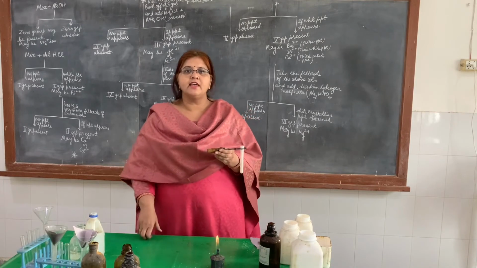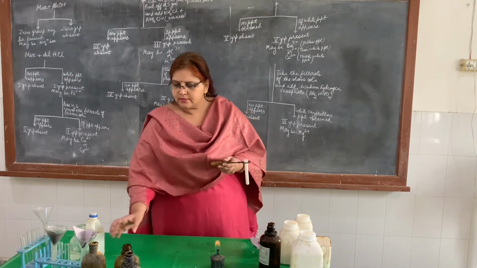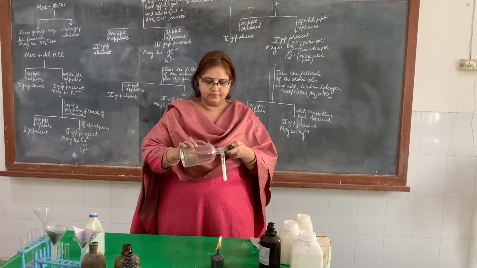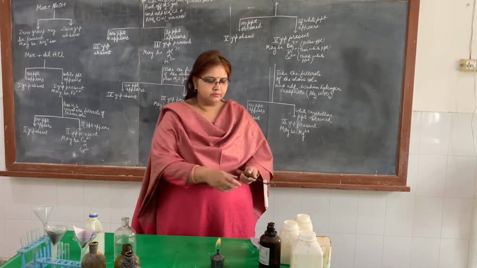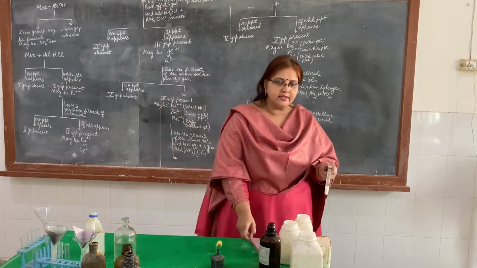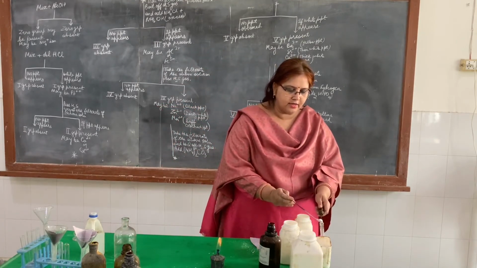For this, we have taken the mixture in a test tube. Add dilute HCl. Then add ammonium chloride and ammonium hydroxide to this.